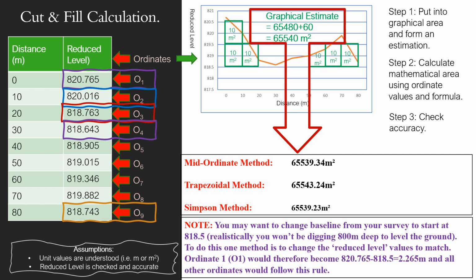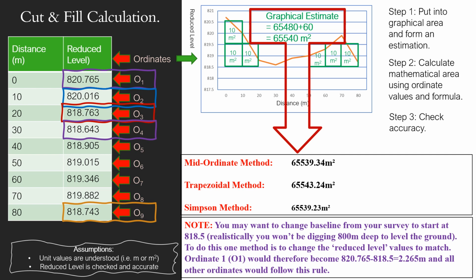So although I've said reduced levels start at 820, you might want to move this bit, so you've got a bit of a baseline. So the area that you're calculating is not the full height from sea level. Okay, you might be looking at from just 1 meter below the lowest point, or even just the lowest point. So that's easy enough to do.